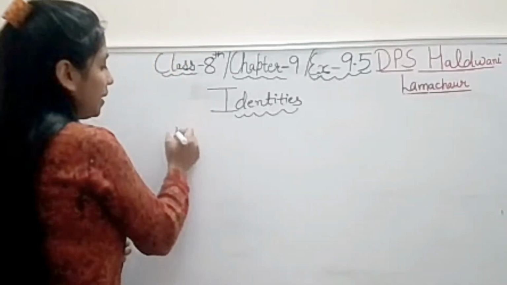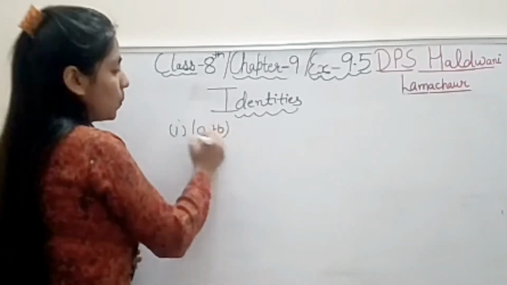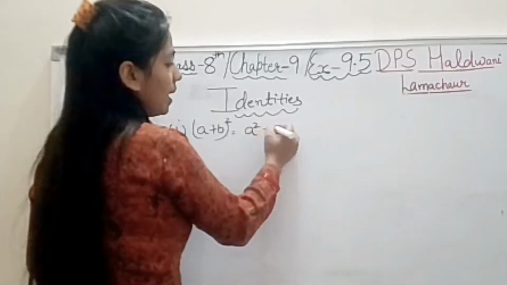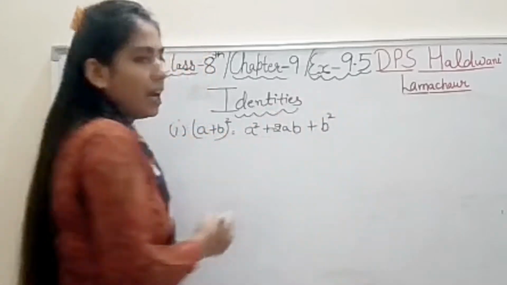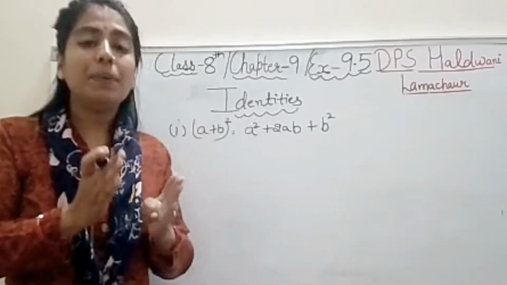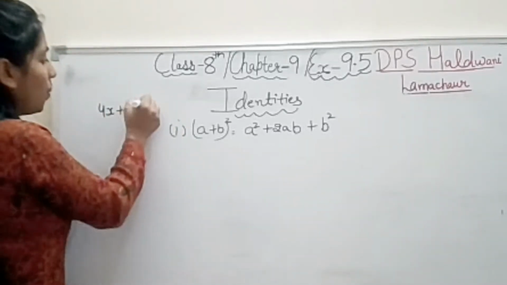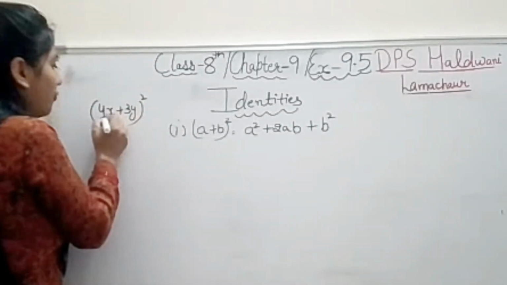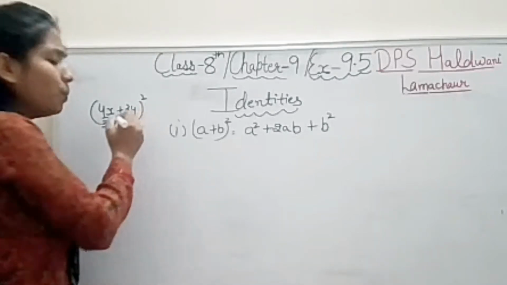The very first identity in this exercise is (a plus b) whole square. The formula for this is a square plus 2ab plus b square. Now you will ask how. Students, it will come in the form of (a plus b) whole square, where in the place of a it can be anything: 4 by 3, 4, 3 by 2, whatever.